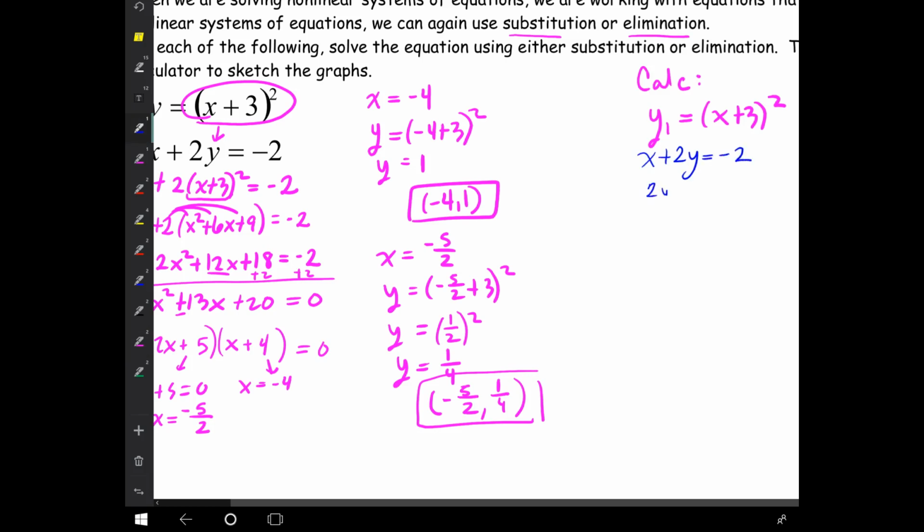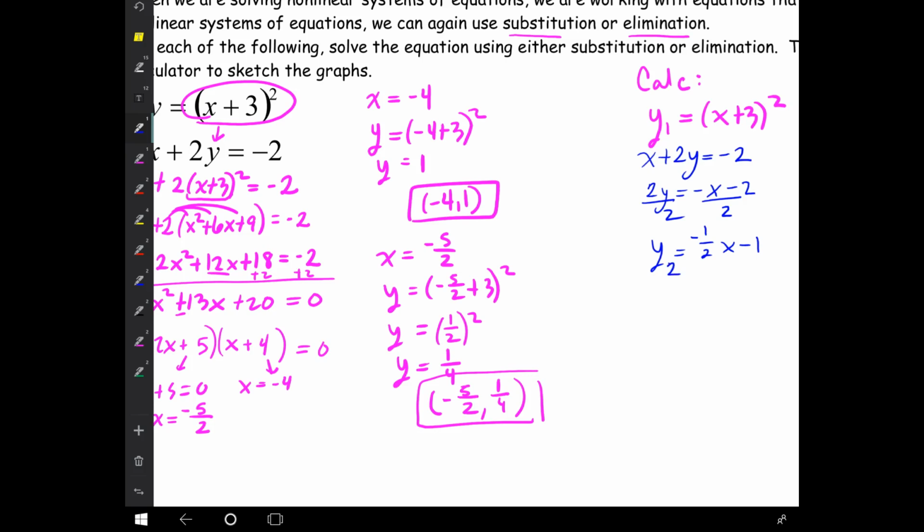So subtract x, negative x minus 2, divide everything by 2, and I have y is equal to negative 1/2 x minus 1. So this is what I'll enter in as my y2.